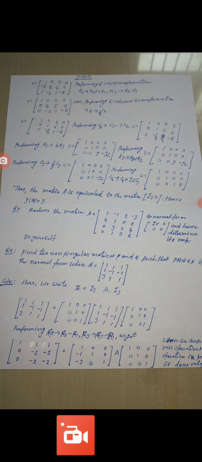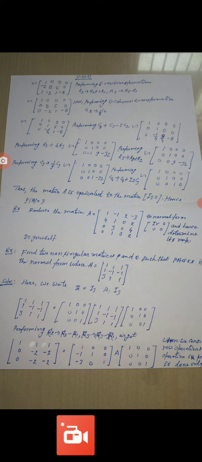And this is equal to, in first row 1 0 0 0, in second row minus 2 8 5 0, and in third row 1 minus 2 1 minus 8.